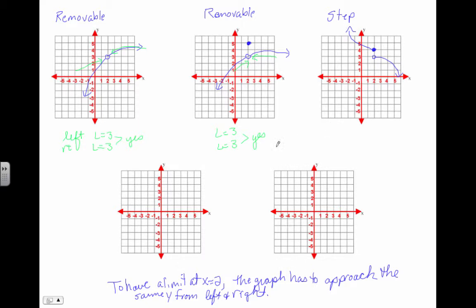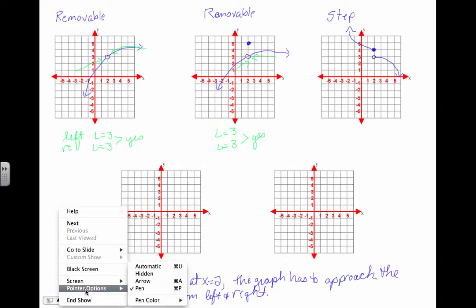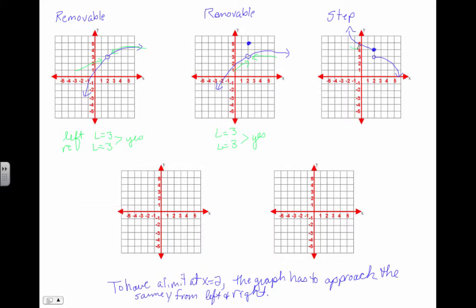Now if you look at this one, from the left, the graph approaches 4, but from the right, the graph approaches 3. From the right of 2, it approaches 3. So we would say no.